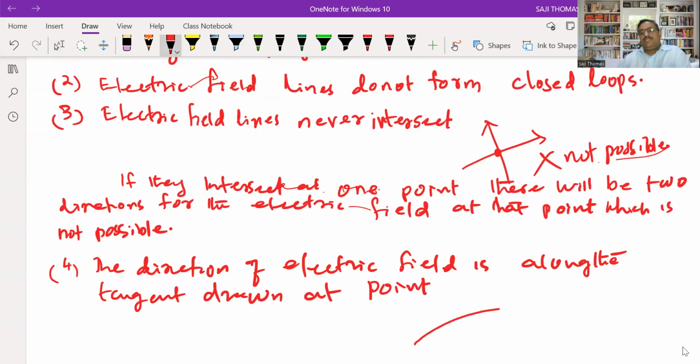So see, suppose this is a line of force. At this point, electric field is along this tangent. At this point, electric field is along this tangent. At this point, electric field is along this tangent. That is another important property.